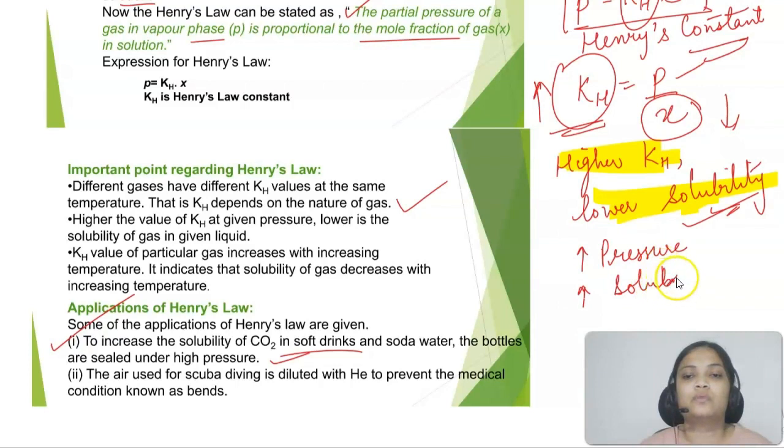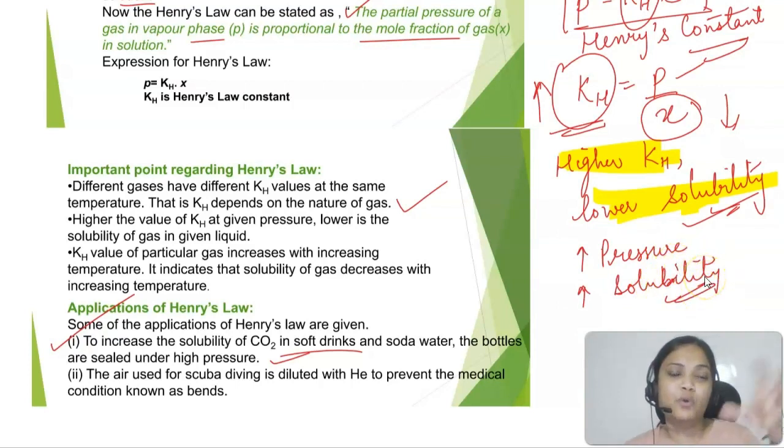Then there is this condition known as bends. When divers go deep into the sea, what will happen? There is a lot of high pressure, as pressure increases with an increase in depth of the liquid. So when the scuba diver goes deep inside the water, a lot of gases will dissolve because of the high solubility of the gases.